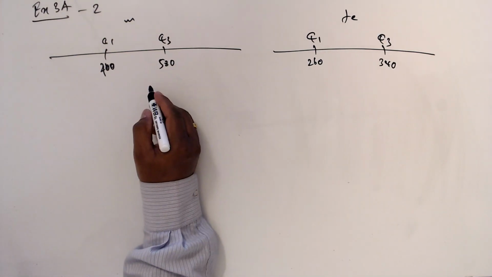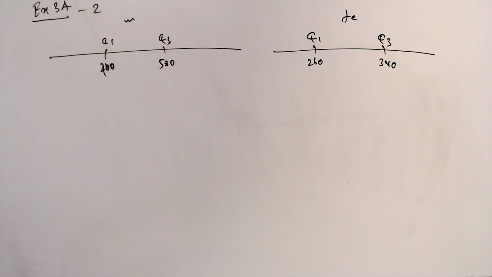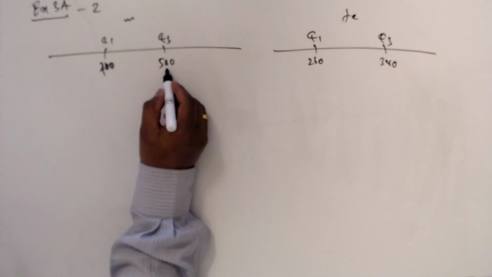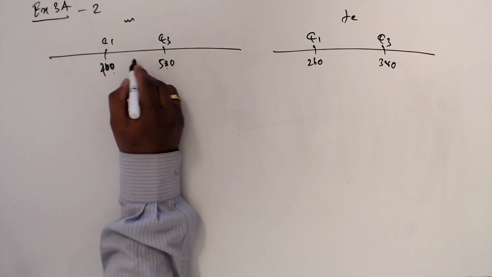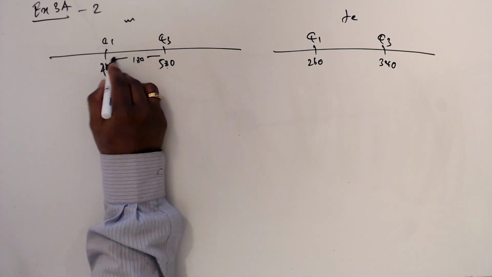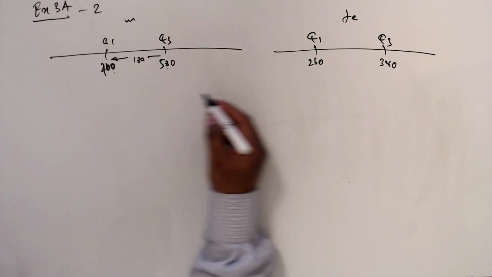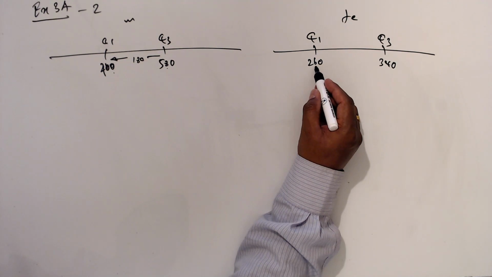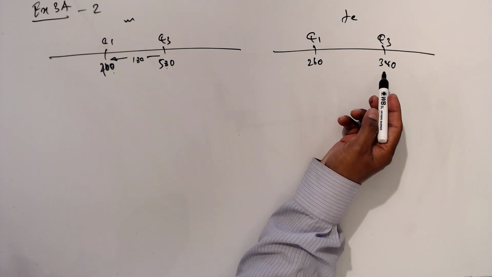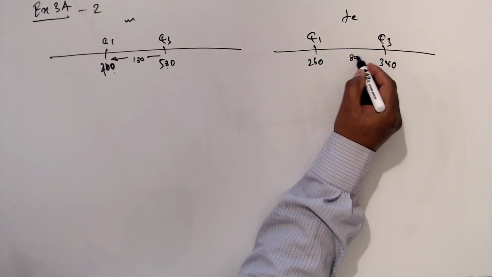So IQR is, so this range is 580 minus 400, so this is going to be 180, and this is 340 minus 260, this is 80.